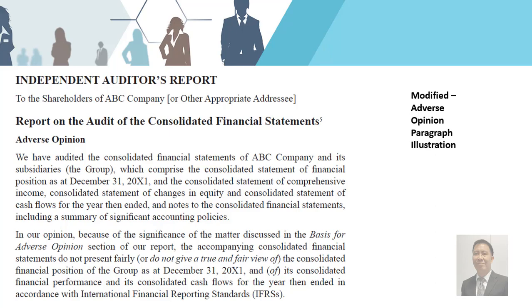As you can see here, it's obvious that they're saying the consolidated financial statements do not present fairly, or do not give a true and fair view of the consolidated financial position of the group as at 31st December of that year, that's the year end. And it says here, the consolidated financial performance and its consolidated cash flows for the year then ended are not, of course, in accordance with IFRS.